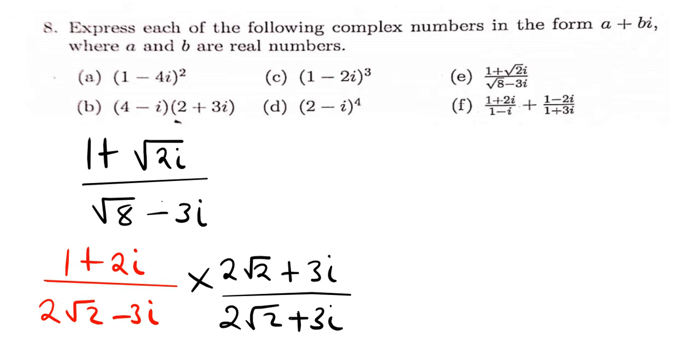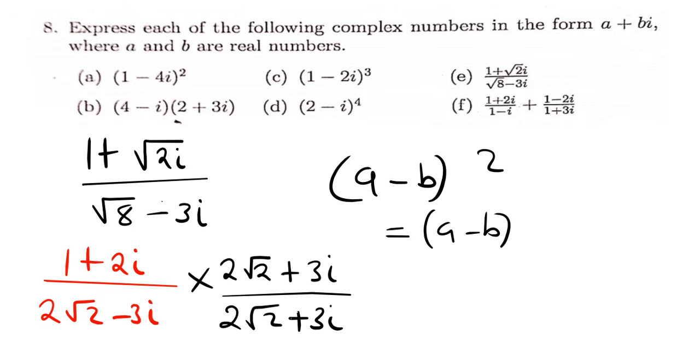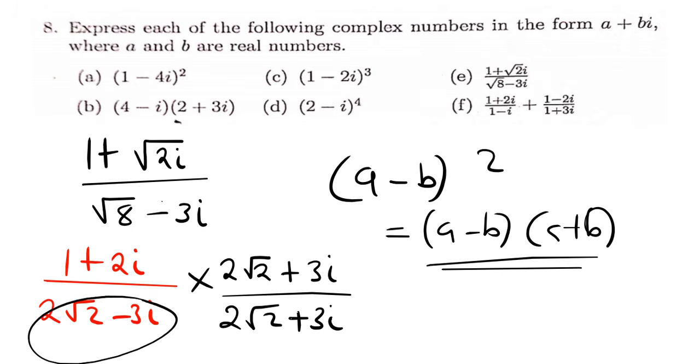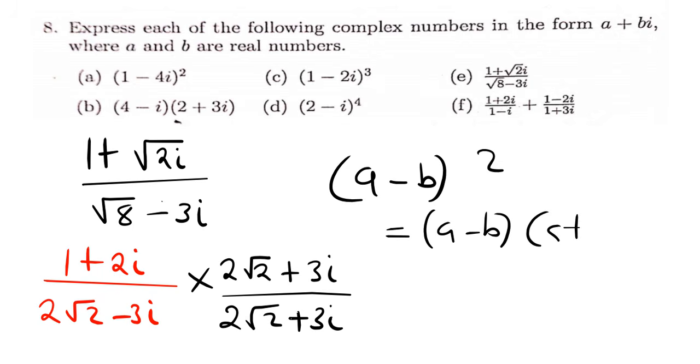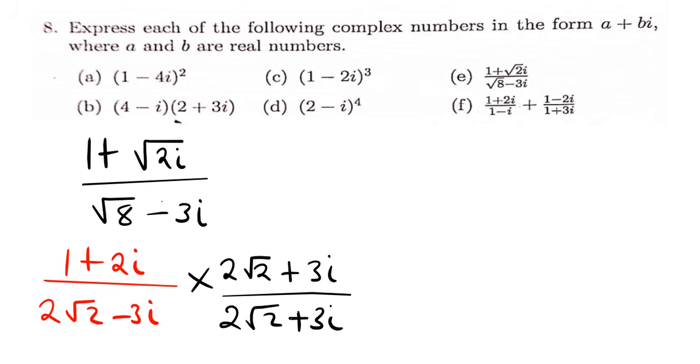Now you remember from your difference of two squares, if I've got a minus b, then I've got a square outside. This is also the same as a minus b times a plus b, right? That was the difference of two squares. It's not very different from this one. So basically that's what we are going to do to the denominator, but the numerator we have to completely solve.